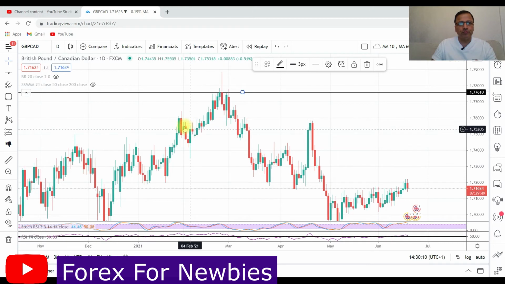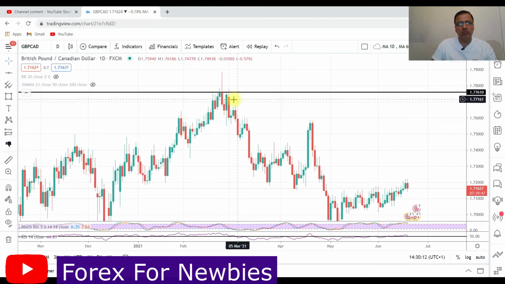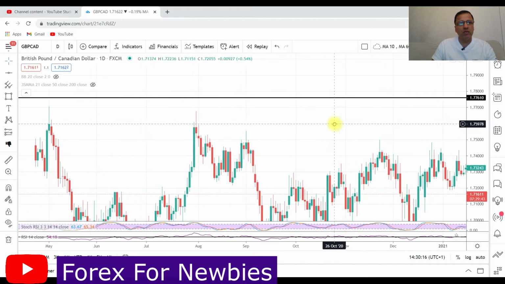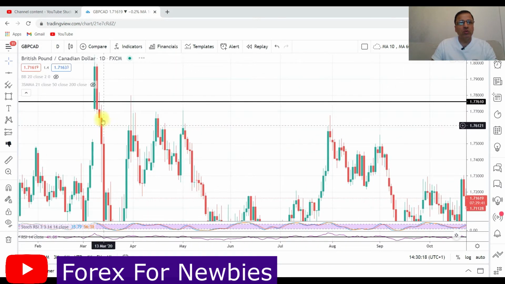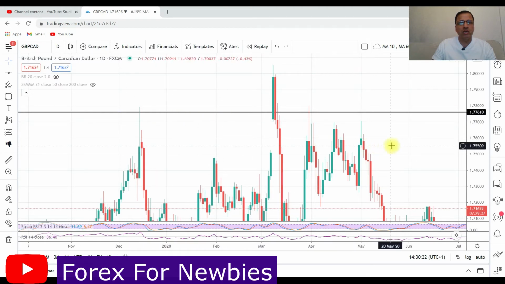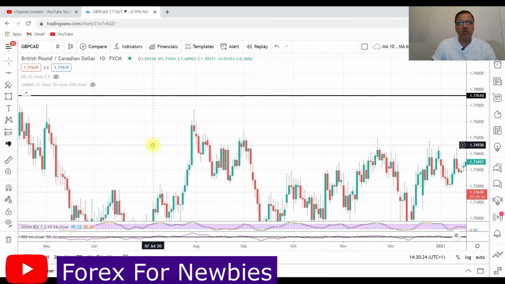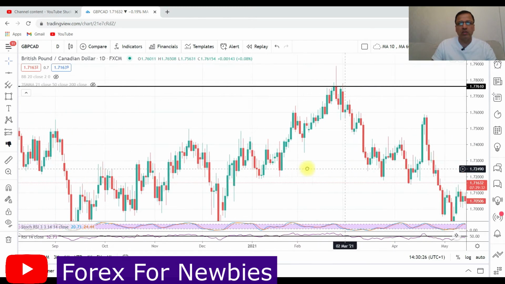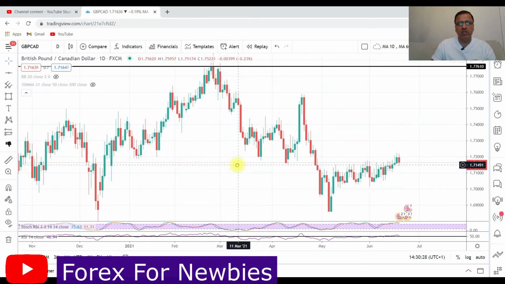Now when you put this recent high from here, if you go back you will see that in the past there is activity on this line as well. You don't need to worry too much about the past. Whatever is in front of you in recent history is fine.